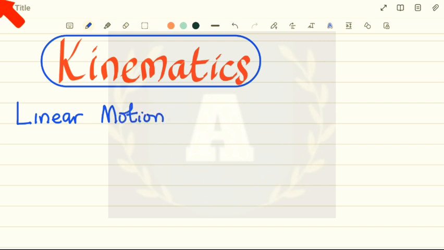But meanwhile, before we explain those calculations, we would first look at some terms we use in describing motion. So we have some terminologies that we normally use, together with the equations necessary for describing linear motion. The first term that we normally use is speed.